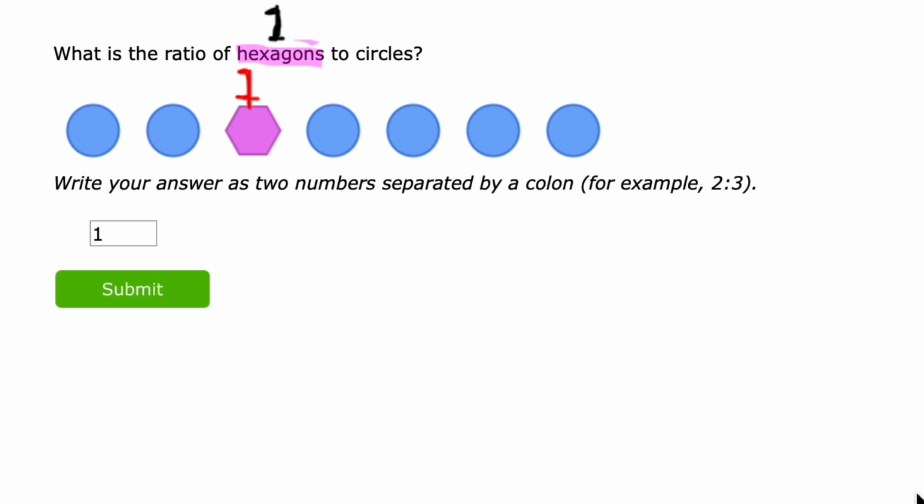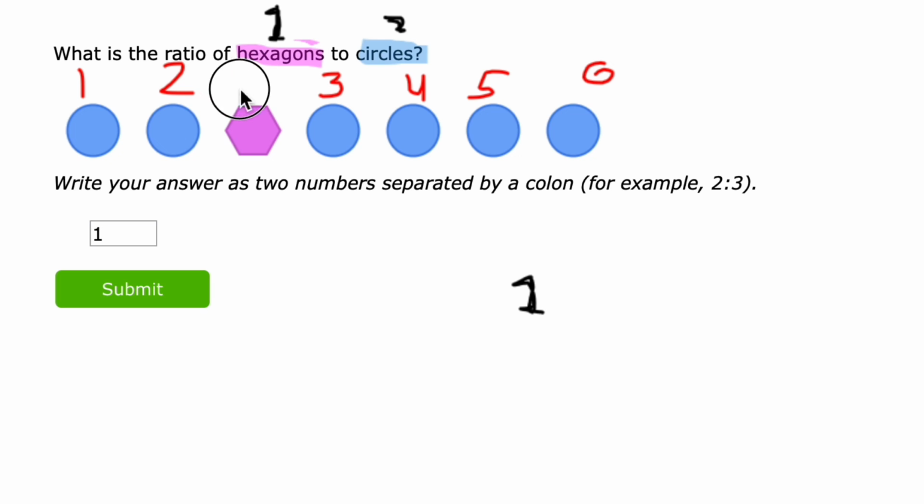And again, if you're using paper, you write the number 1. Alright, now we have hexagons, and now we do circles. Now we count the circles: 1, 2, 3, 4, 5, 6.